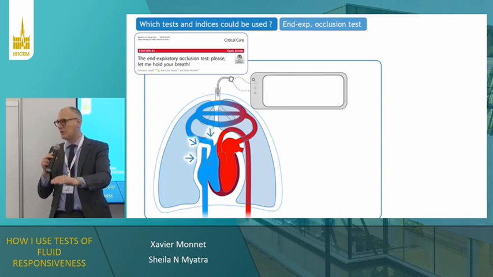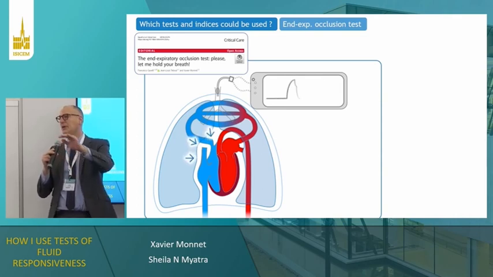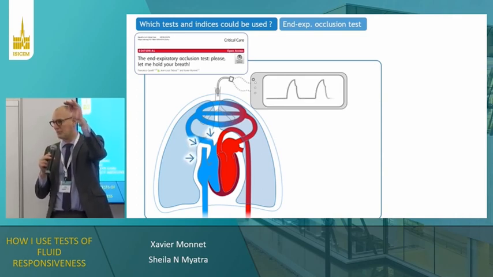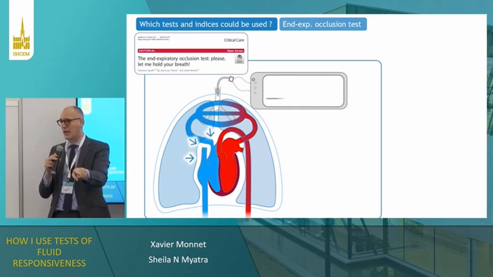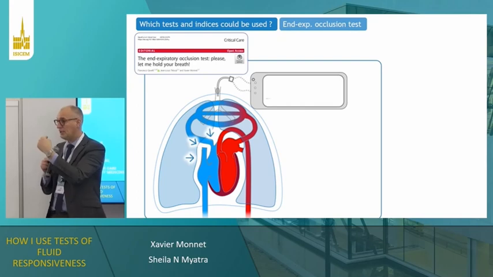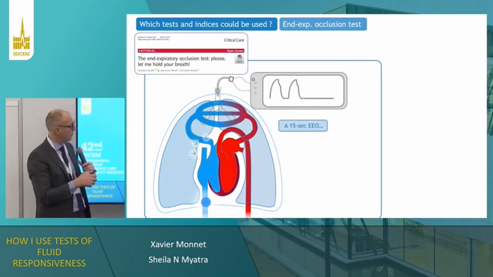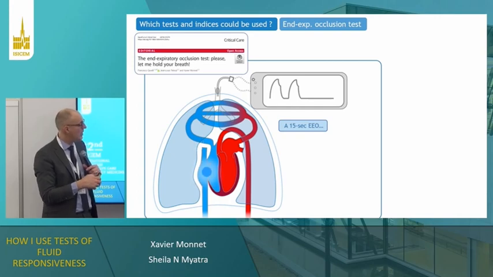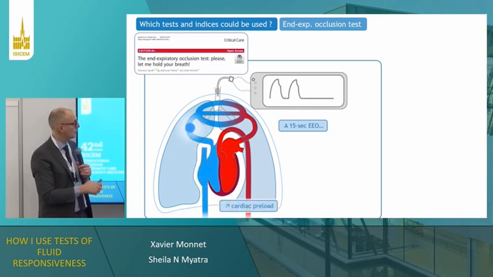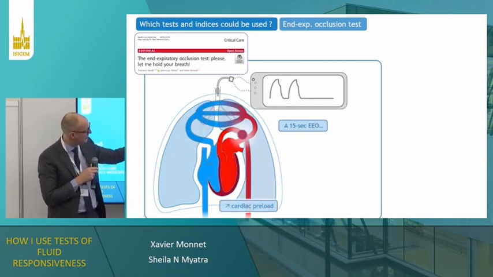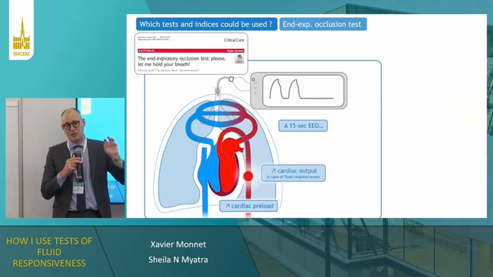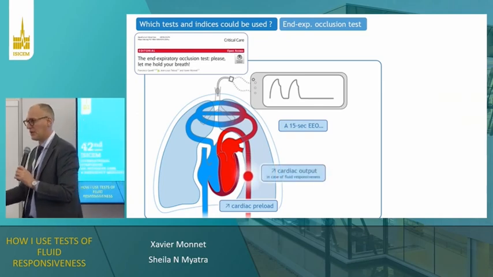So preload during this short time will increase, will reach a maximum. I just click on the ventilator and expiratory hold. And if it is long enough, and you need 15 seconds, the increase in preload will cross the pulmonary circulation. It will increase the right, but also the left preload. You test preload responsiveness of both ventricles.